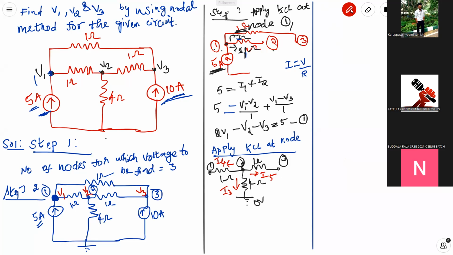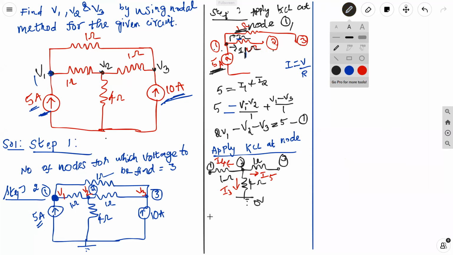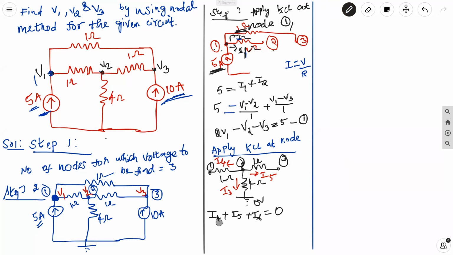Now we can easily apply Kirchhoff current law. As per Kirchhoff current law, I3 plus I4 plus I5 equals 0. Now we'll apply one by one. Let us try to get I3 first.